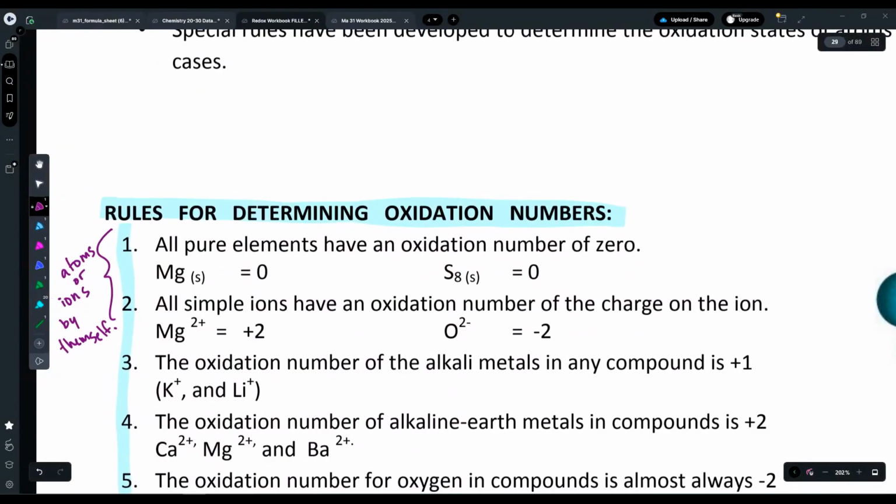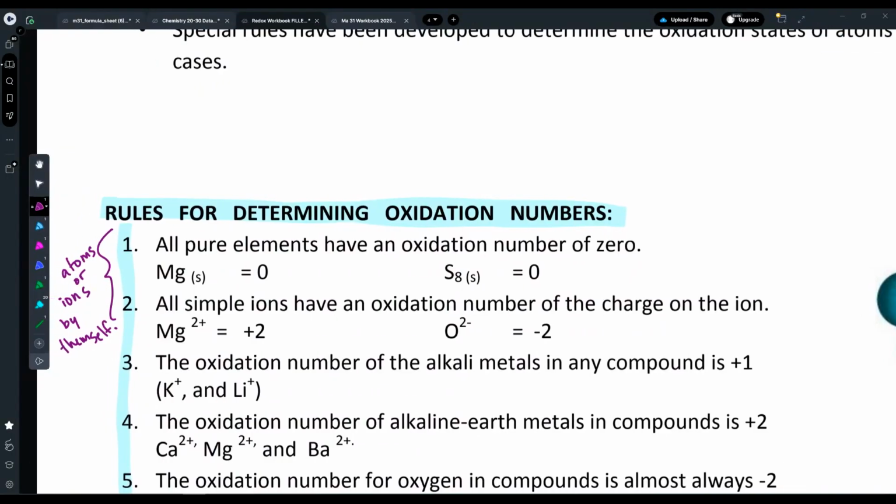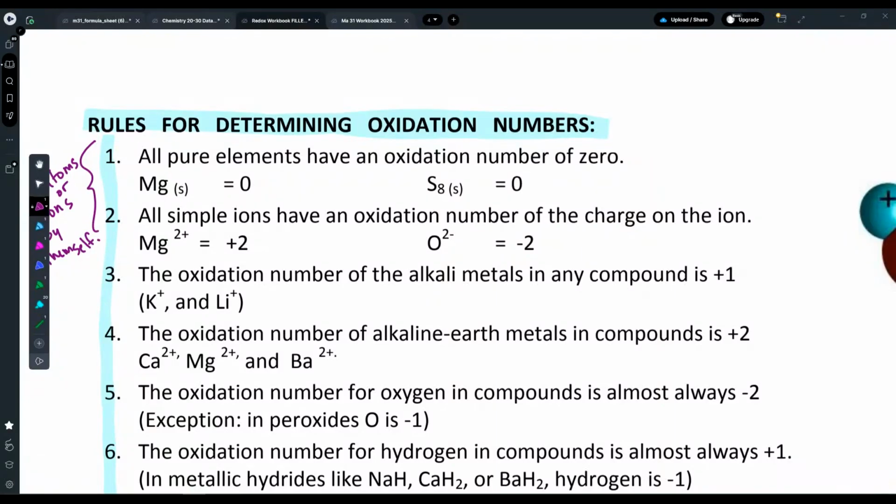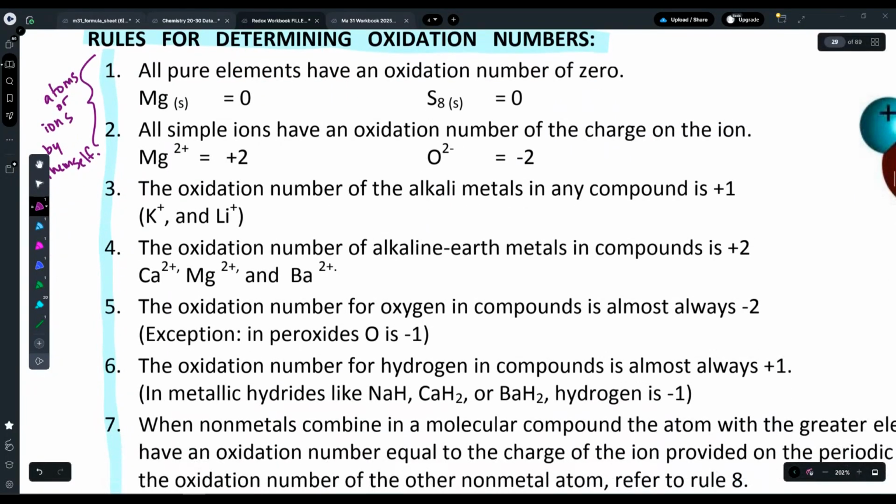So for example, magnesium by itself has an oxidation state of 0, or sulfur by itself also has an oxidation state of 0. Rule number 2, all simple ions have an oxidation number of the charge of that ion. So magnesium 2+ has an oxidation state of +2. Oxide ions, which have a 2- charge, will have an oxidation state of -2.